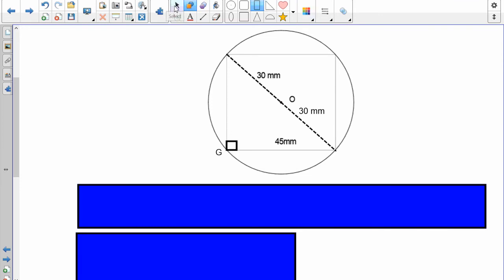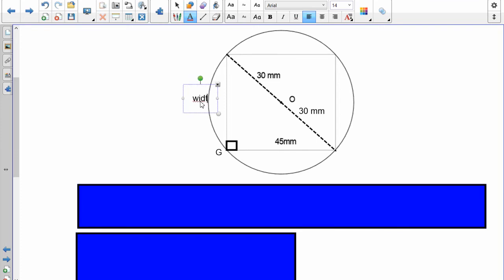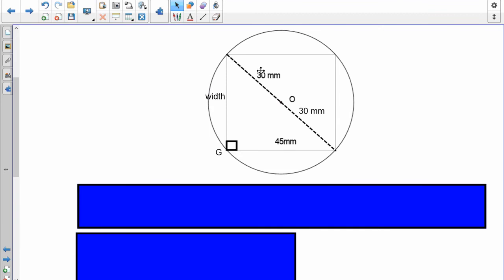Now, the moment you know that G is a 90-degree angle, we can take this and this and this, and we can work with it. Now over here, this is our width that we're trying to find. So I now have my hypotenuse, and I have one of my other sides, A or B, and I need to find the other one.